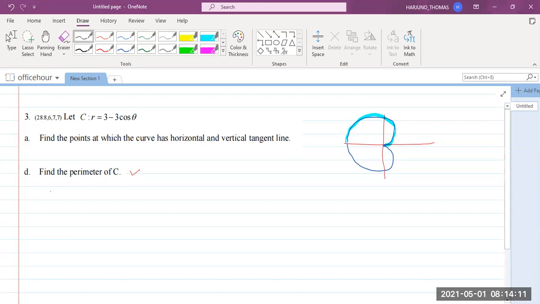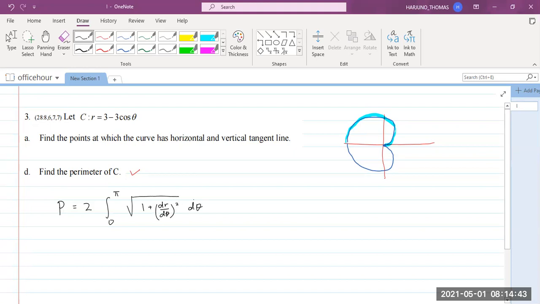So the perimeter will be 2 times the integral from 0 to pi, square root of r squared plus dr d theta squared, d theta.